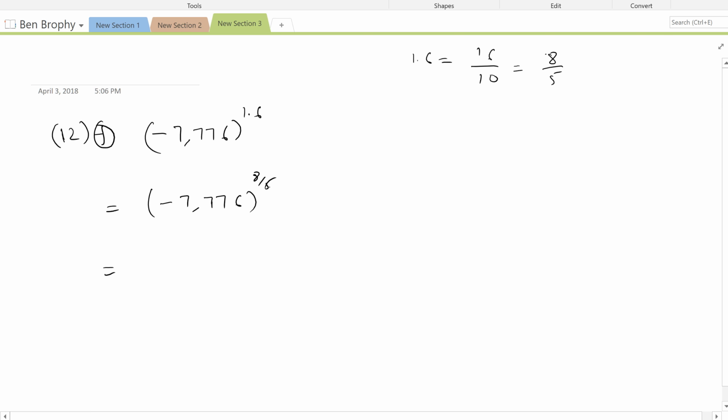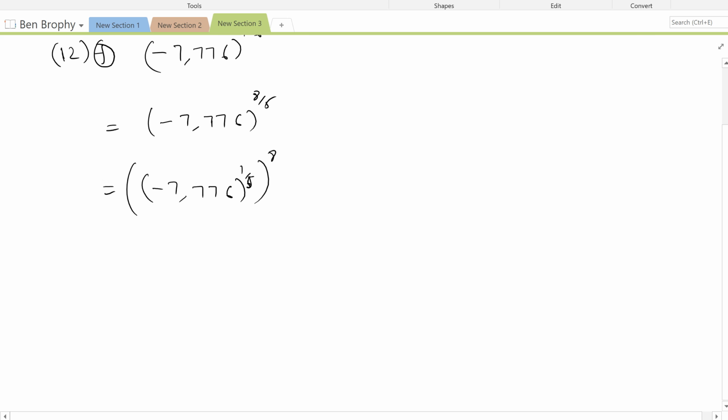the power that we have right there, let me do it in 2 steps. You will understand it better. So I write 1 over 5, and then the whole thing powered by 8. Why do I do that?